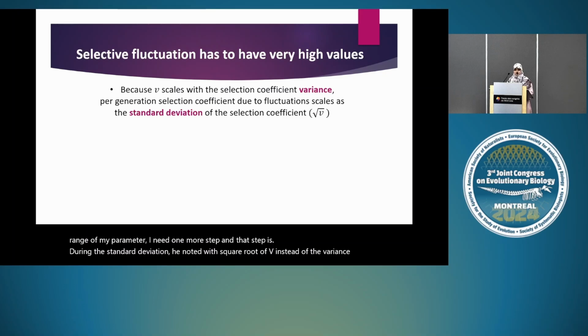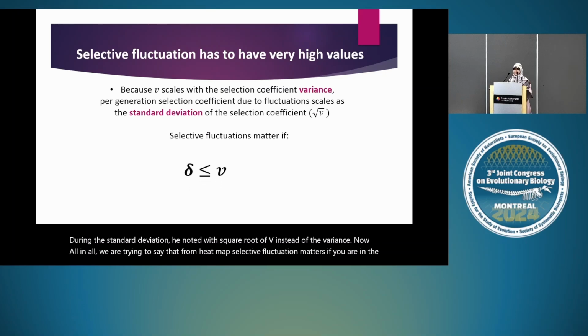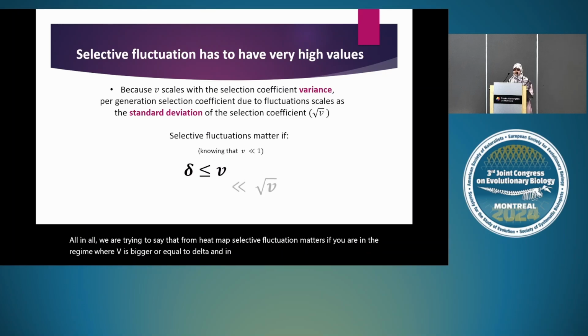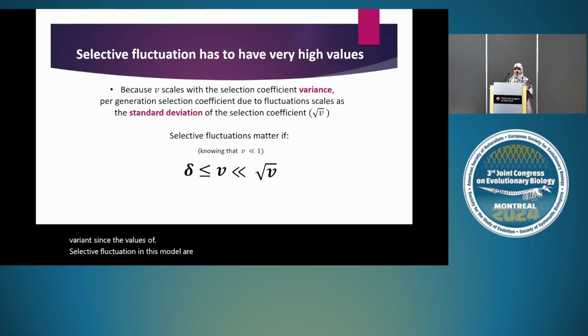Now, all in all, we are trying to say that from the heat map, selective fluctuation matters if we are in the regime where V is bigger than or equal to delta. And in order to complete this comparison and have the right scale, we need to use the standard deviation. Since the values of selective fluctuation in this model are small, very much smaller than 1, we will have this inequality, as you can see in this slide.